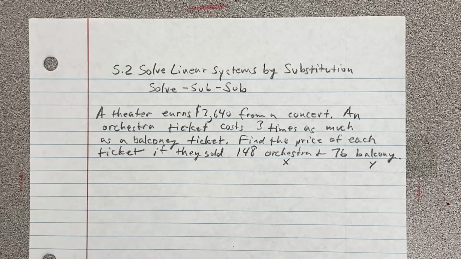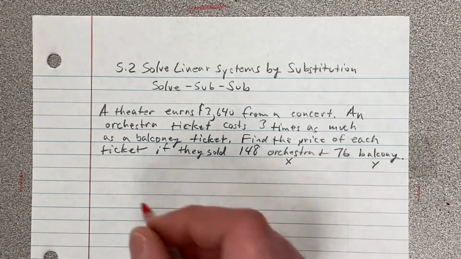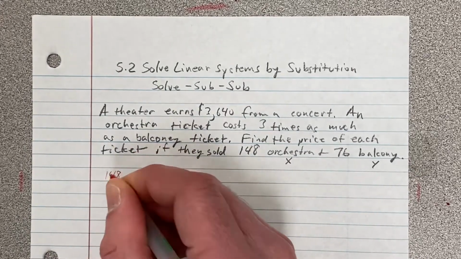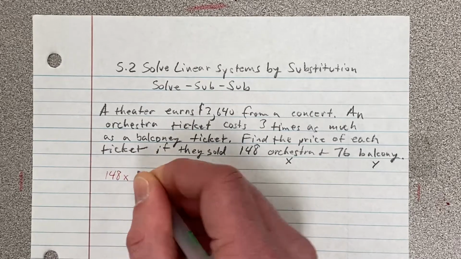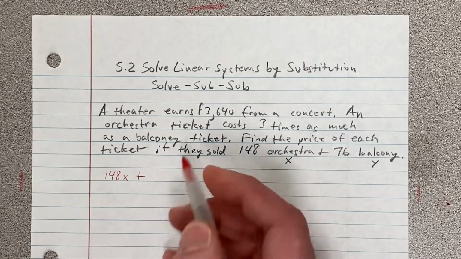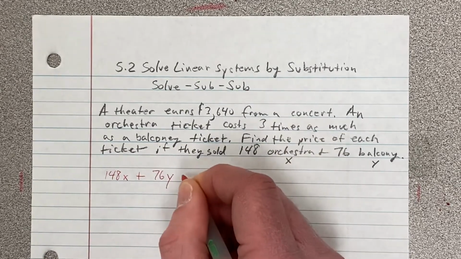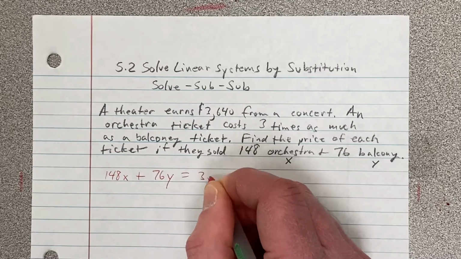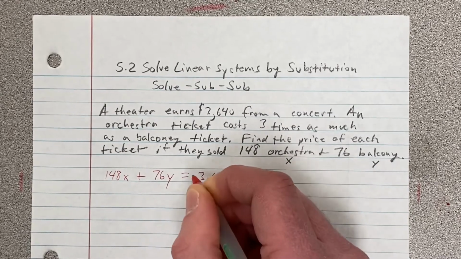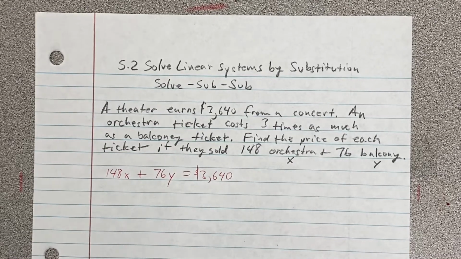Well, if we're trying to find the price of each ticket, I think we got an equation there. 148x, so 148 times the price of an orchestra ticket, plus 76 times the price of a balcony ticket. That's going to get us $3,640.